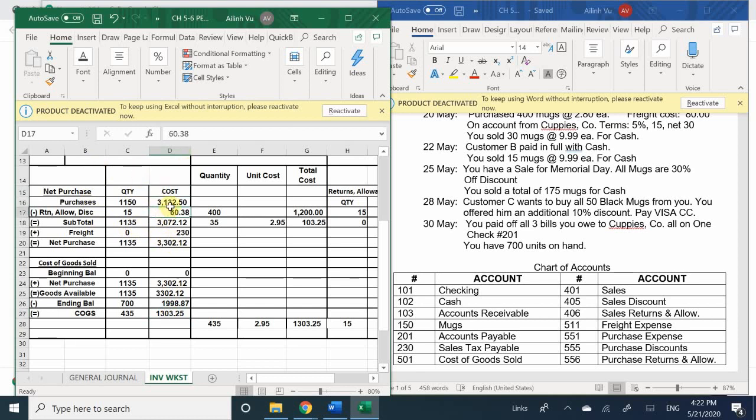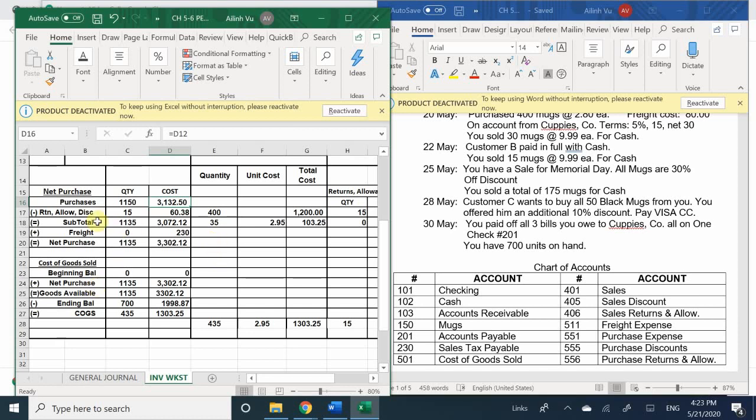Right, on the line where I've got the 1560, and then I've got 400, then the 1200, and right below that, the 103.25. And okay, 2.95, that's what I didn't get. Okay, I'm good.